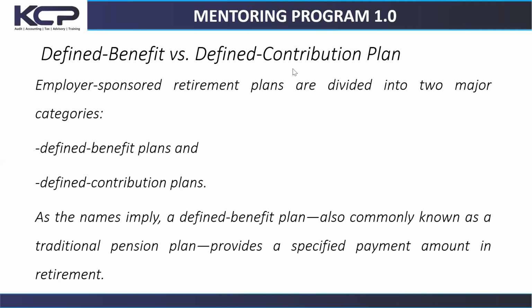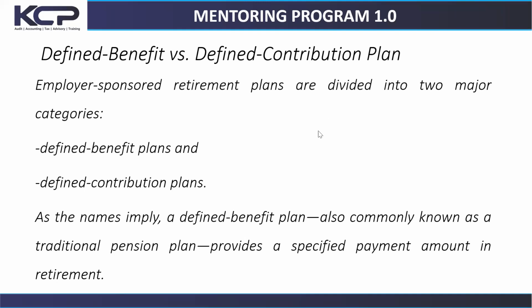So employer-sponsored retirement plans are divided into two major categories. You have the first one, which you call defined benefit plan, and the other one is called defined contribution plan. As the name implies, a defined benefit plan, also commonly known as a traditional pension plan, provides a specified payment amount in retirement.